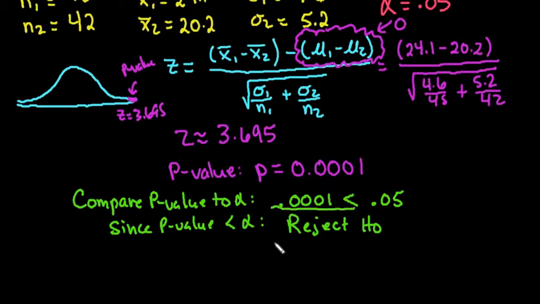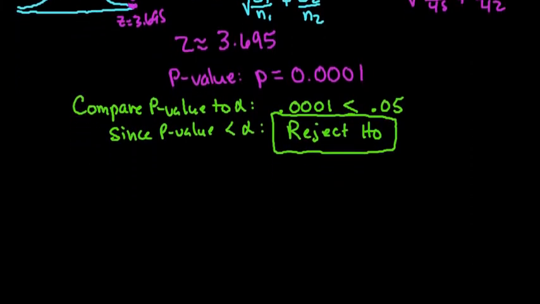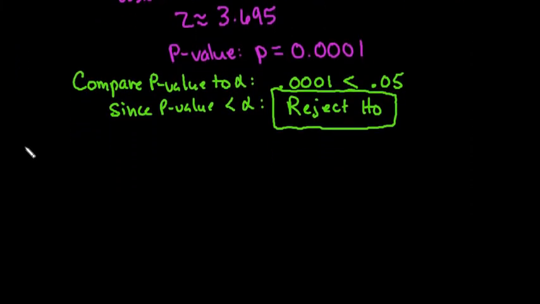So remember that you have only two options for your conclusion, and that's going to be reject the null hypothesis or fail to reject. Okay, so then we want to interpret our decision in the context of the original problem.